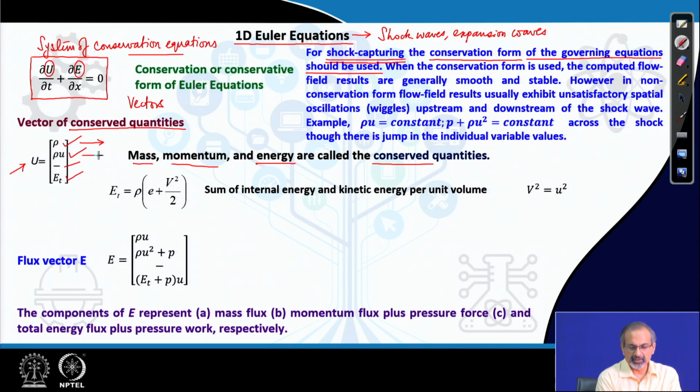If you can identify that these structures belong to the continuity equation, the x momentum equation and the energy equation, then you are very easily able to identify the correspondence of these vectors with the respective conservation equations. So, this is a compact way of representing.